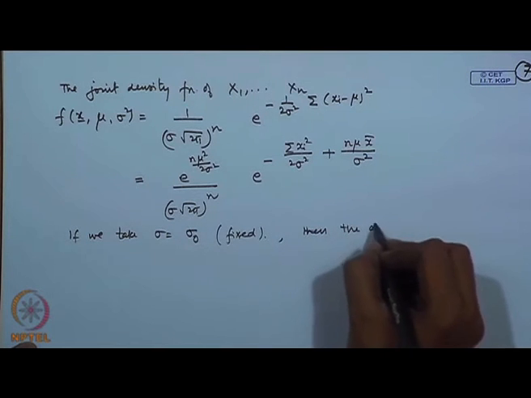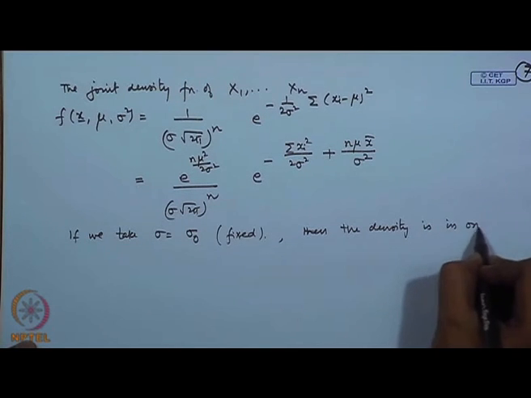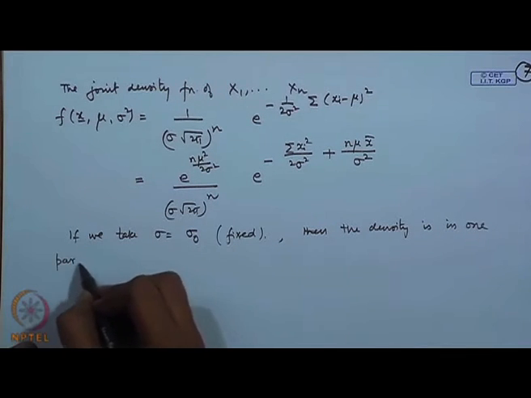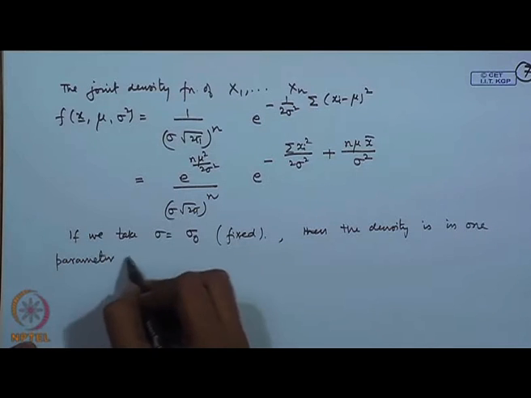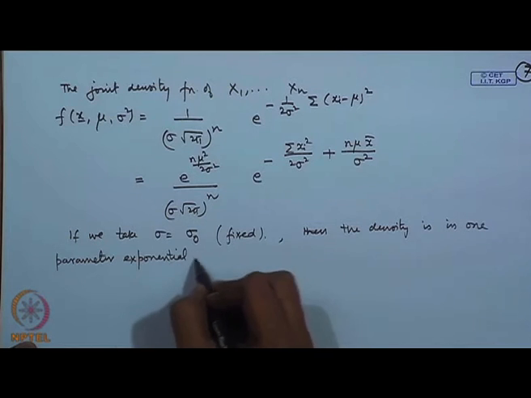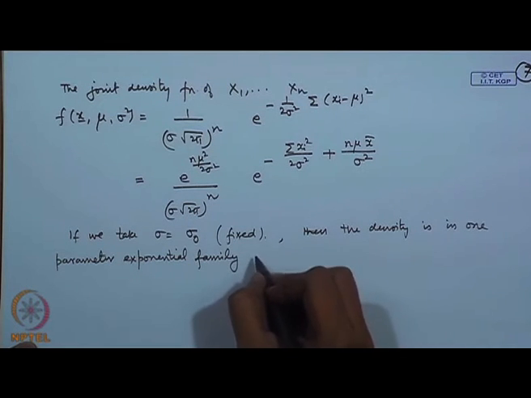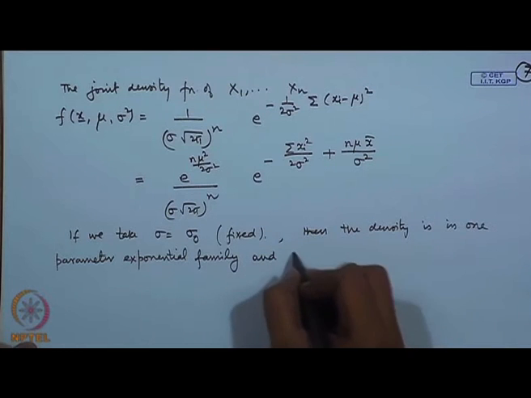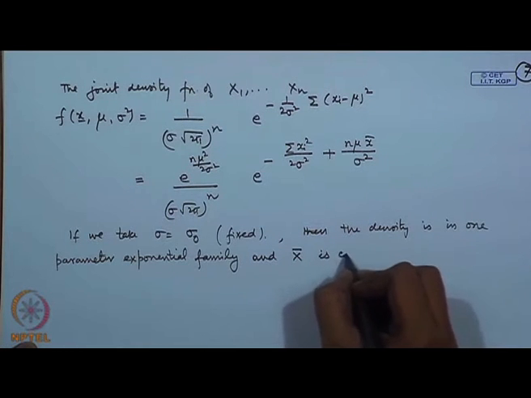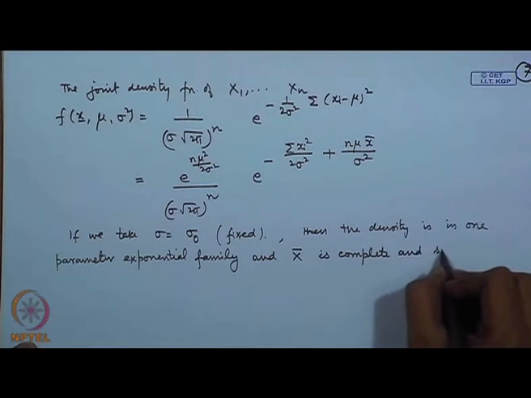Then the density is in 1 parameter exponential family and x bar is complete and sufficient.